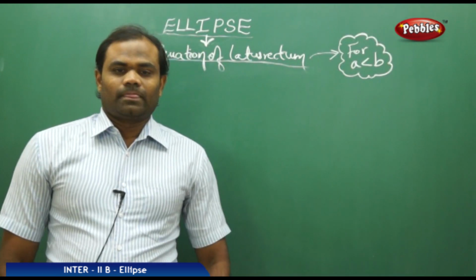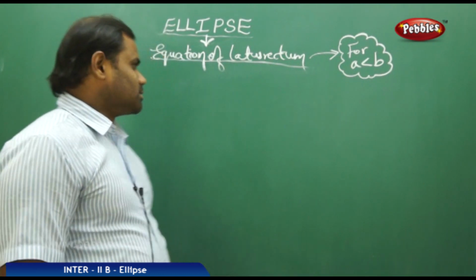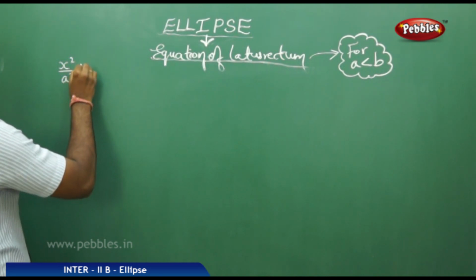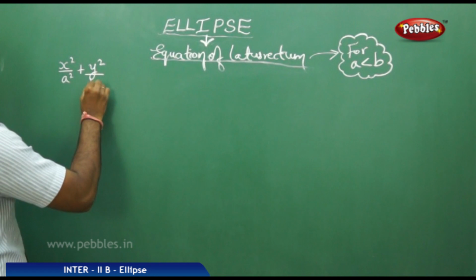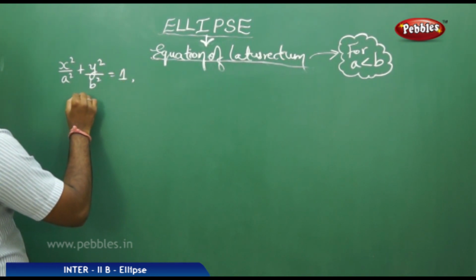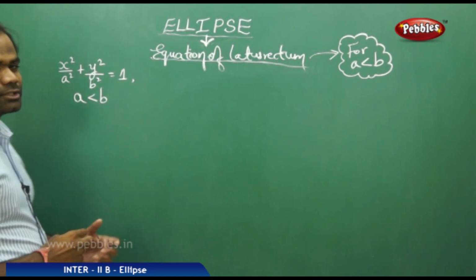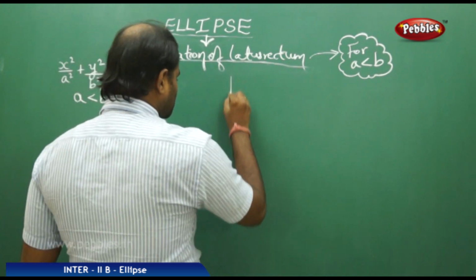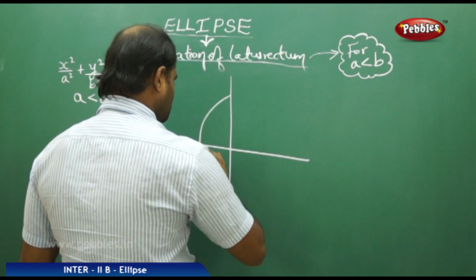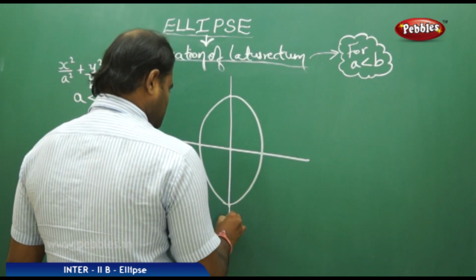Now let's see the equation of the latus rectum if a is less than b. That is, if I have an ellipse x square by a square plus y square by b square equal to 1 with a less than b, then with this condition we have the ellipse in a shape like this.